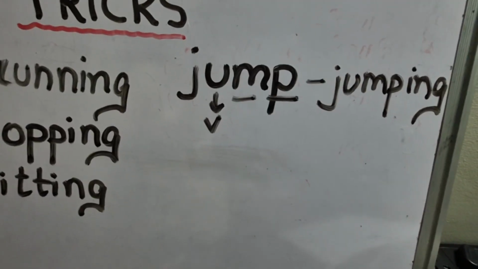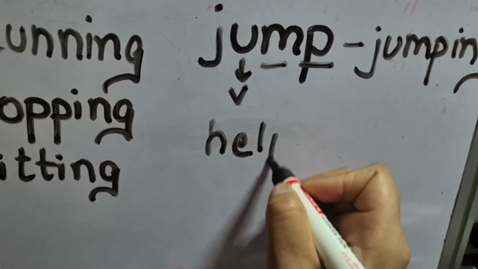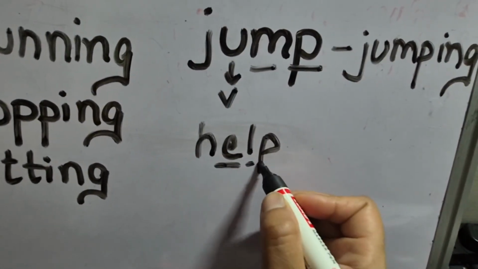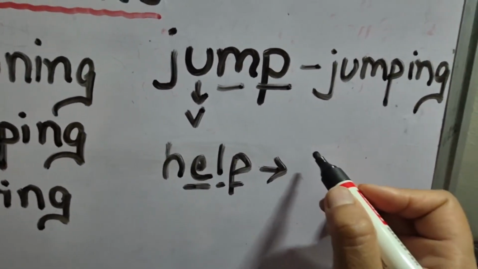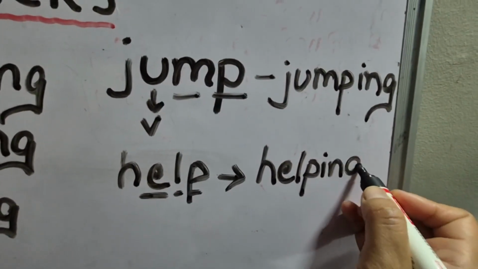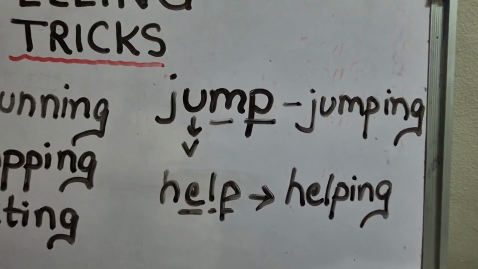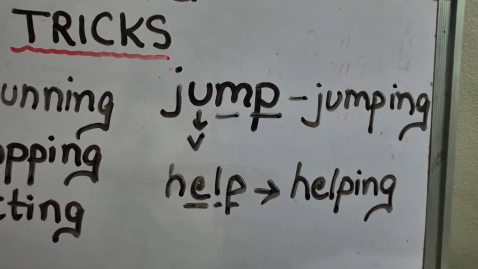Let's do some more examples, like the word help. Again, this is vowel, two consonants. We will write help, ing, helping. We will not double the last letter. So what we have understood with this?